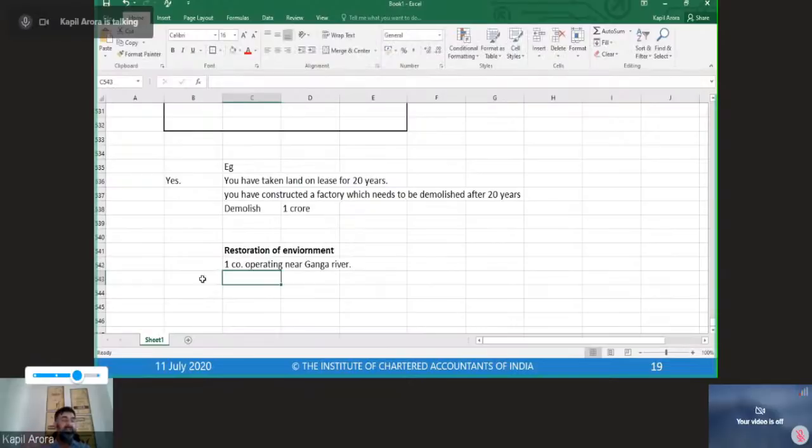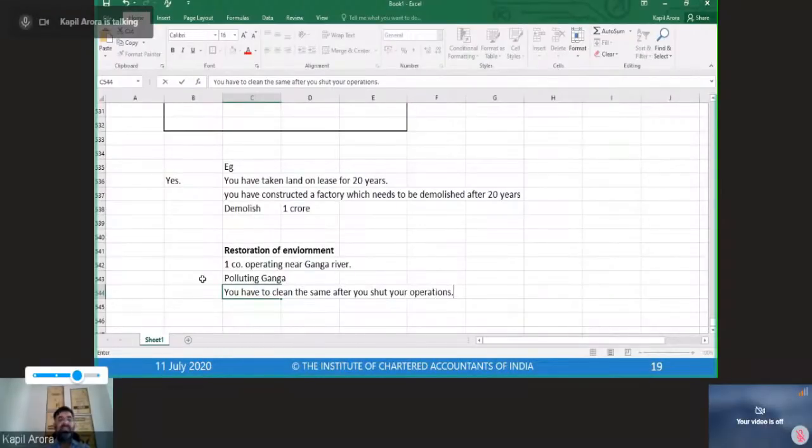One company is operating near Ganga river, right? Now they are producing, let's say, leather. They are polluting Ganga, and as per the government regulation, if you are polluting the river, you have to clean the same after you shut your operations.